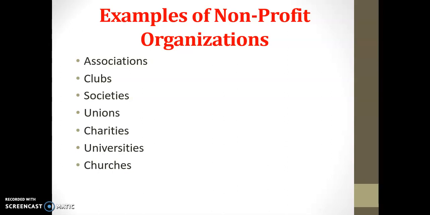You may have a charity that helps persons that are disadvantaged or underprivileged. You may have a charity that helps single mothers, and you may have football clubs, basketball clubs, squash clubs, bridge clubs, tennis clubs, various clubs. And then you have churches.